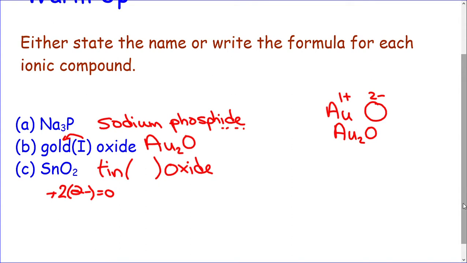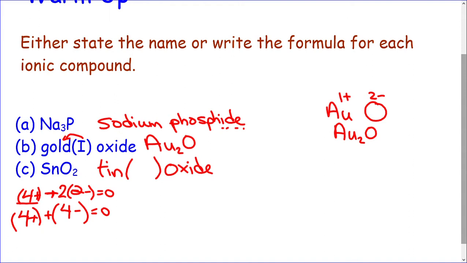So what does tin have to be in order for that to happen? Tin needs to be a 4+, because 2 times 2 gives me 4 negatives, so I need a positive charge of 4 to cancel that out. So I need a tin 4 ion for this to work.